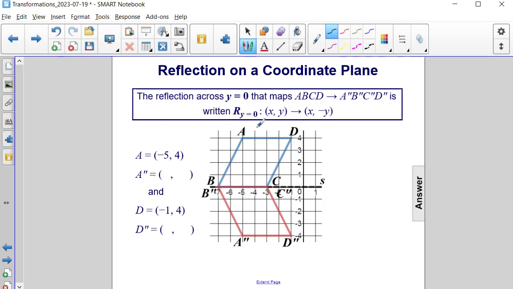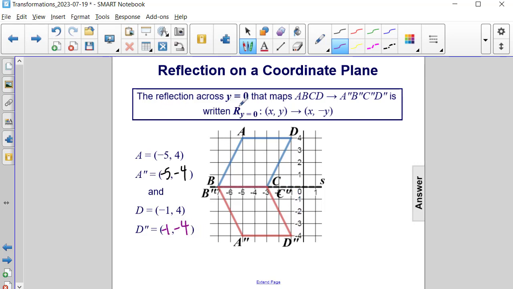But now let's look at point A. It's at -5, 4, and when we reflected it over the x-axis, it's at -5, -4. And then point D is at -1, 4, and point D double prime is at -1, -4.